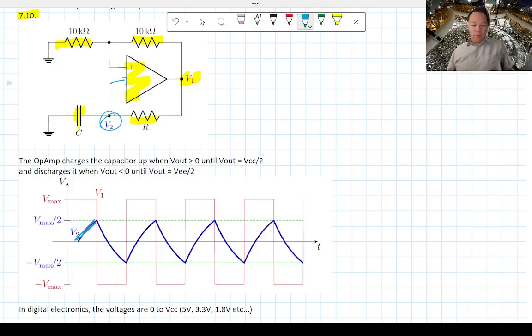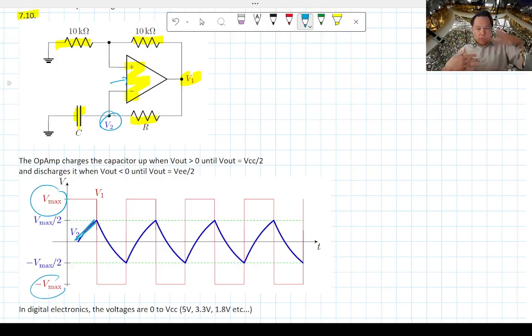This operational amplifier, which is actually being used as a comparator, gives you a digital output, where you have whatever VEE and VCC are. Basically, if V minus is bigger than V plus, it goes to the negative voltage, and whenever V minus is smaller than V plus, it goes to the positive voltage.